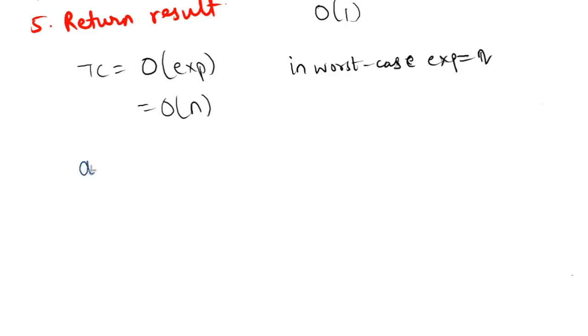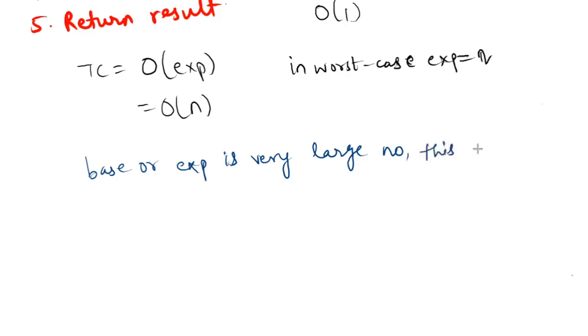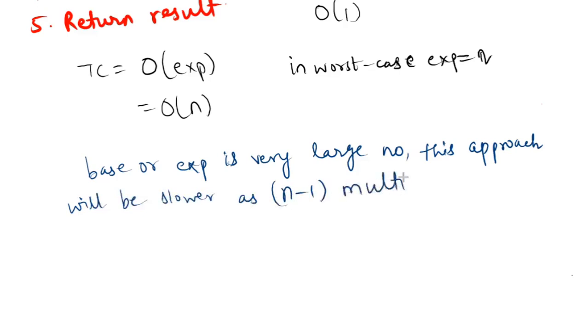Because if either the base or the exponent is a very high value or very large number, this approach will become slower, as n minus 1 multiplications take place in each iteration. Due to that, this approach will be slower.